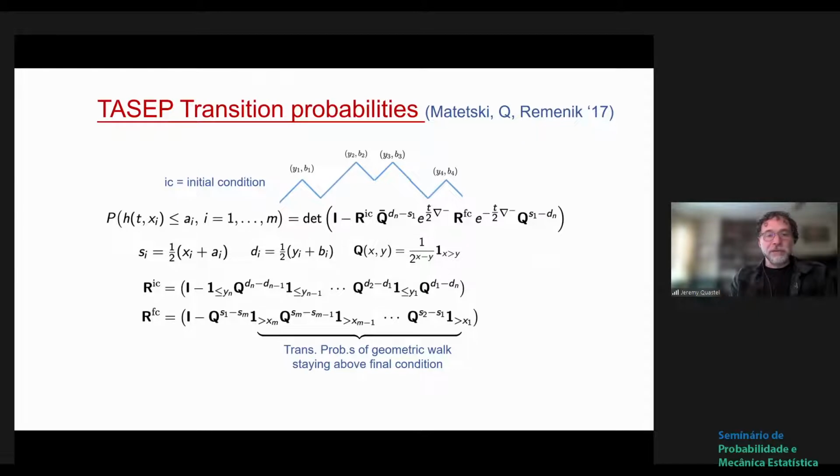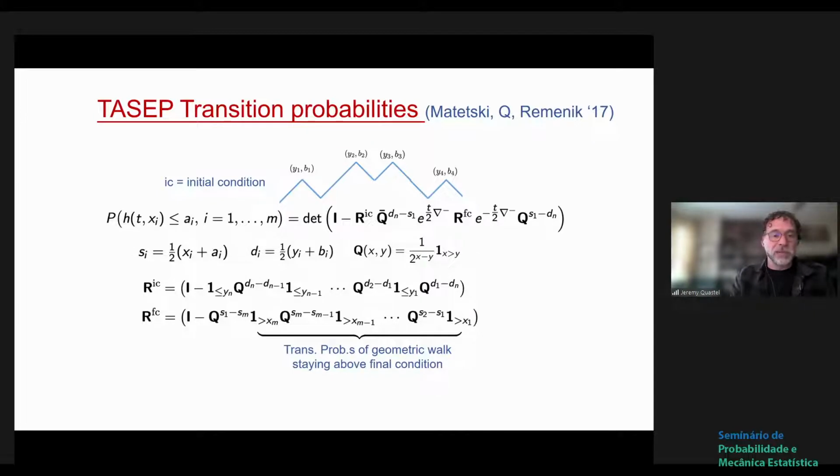Okay, so here's a formula. There's many ways to write this formula. I've written it one way here. So this is a formula for the transition probabilities of the TASEP model that I showed you. And by transition probabilities, I mean literally you start with any admissible initial condition for the heights.